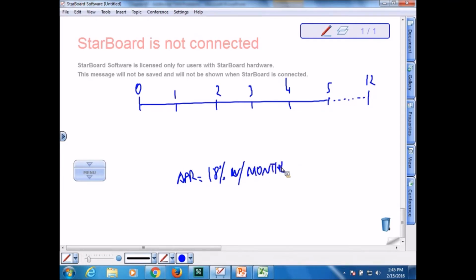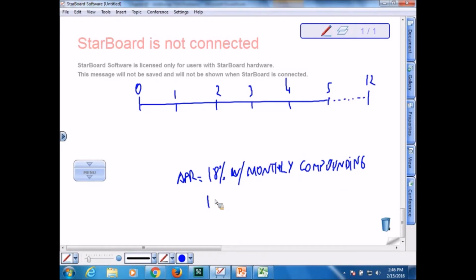Meaning every month, what is my interest rate? What's my monthly percentage rate, because APR is annual? What's my monthly rate?